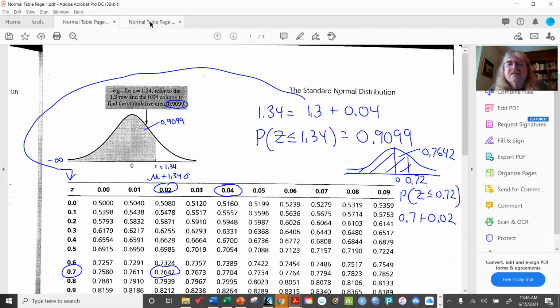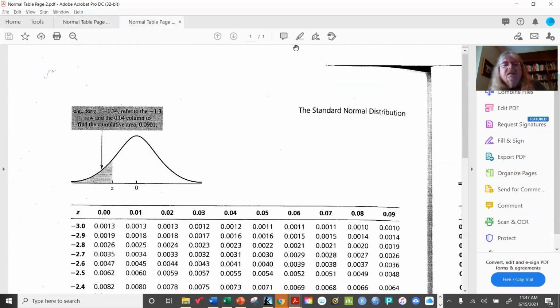So there's a second table that's designed to show us probabilities for negative values. Like here, for example, they've chosen negative 1.34, which is the same thing as 1.34 standard deviations below the mean.